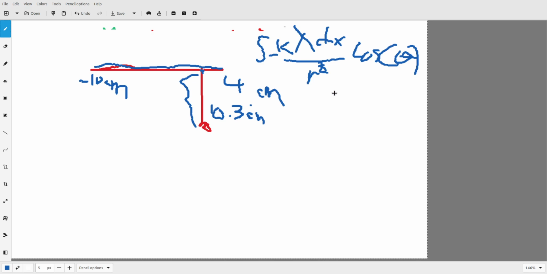It does become r cubed because cosine theta is x over r.